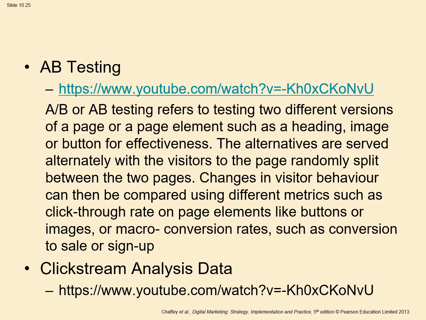Next, we're going to talk about A/B testing and clickstream data analysis. You can also check YouTube about these two methods. A/B testing refers to testing two different versions of a page or a page element, such as headings, images, or buttons, for effectiveness. It is usually used by a company to check whether customers would prefer one website or the second website with a different element, design, or image.